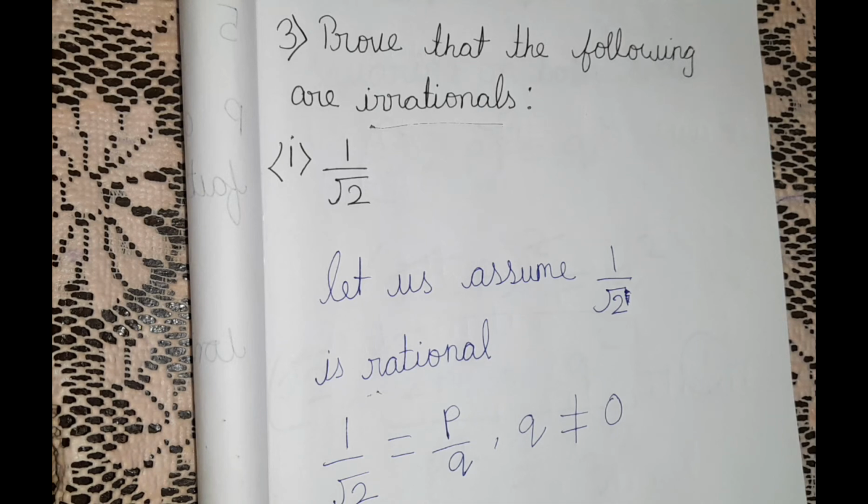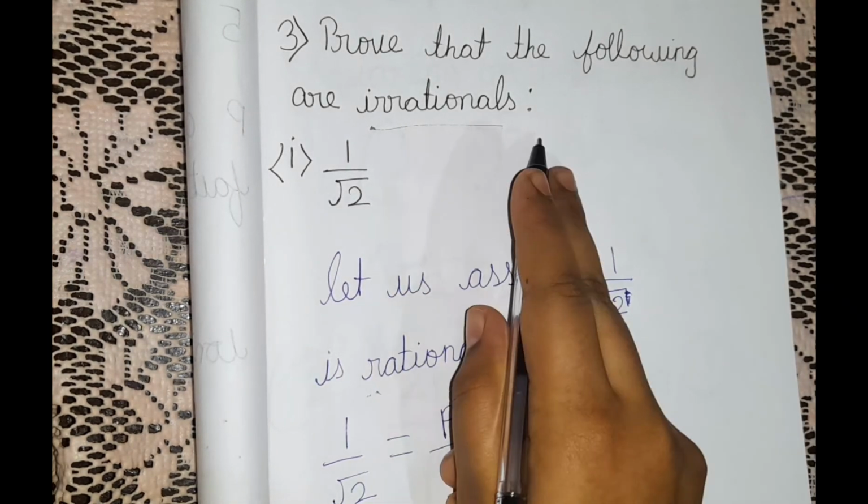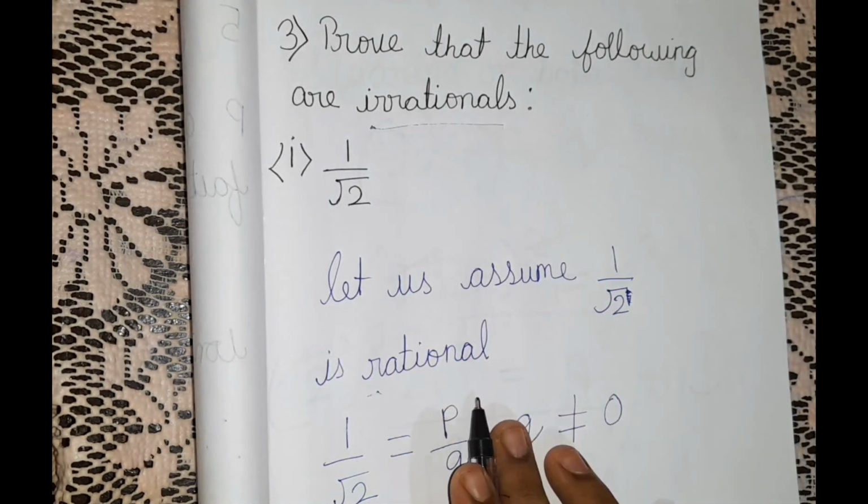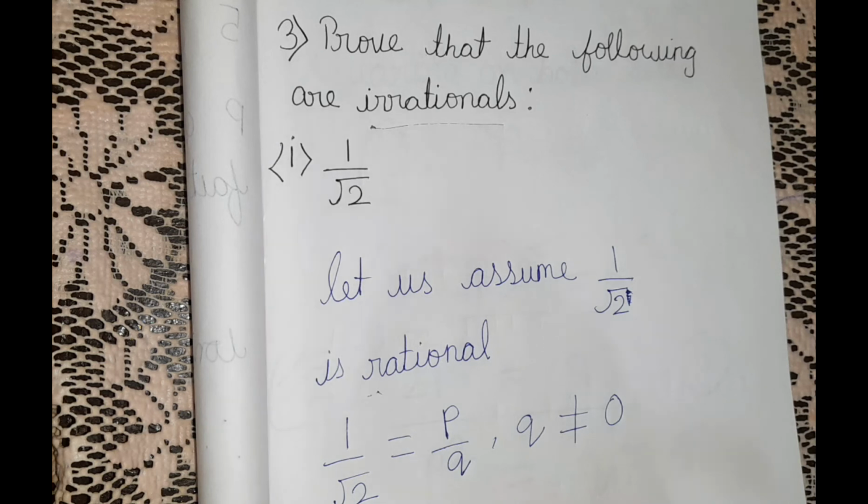So irrational is somewhat different and rational numbers are different. So to get irrational, we should take a rational number. Okay, so first actually we are supposed to take irrational. We took rational, because for getting a proper answer, we ought to take rational.